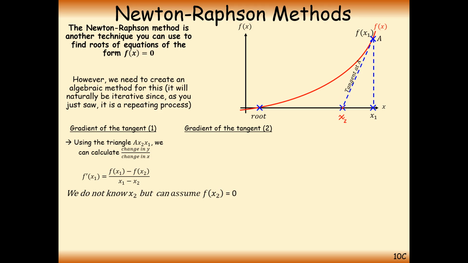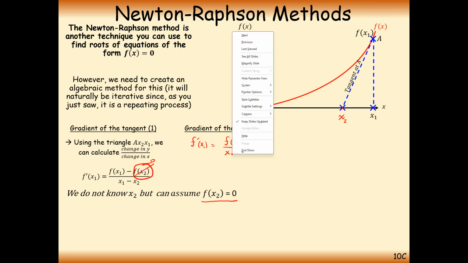So what we do is we are going to substitute f of x2 to be zero into this function here. So we are going to set this to zero and see what happens. What we will get is f dash of x1 will equal to f of x1 over x1 minus x2.